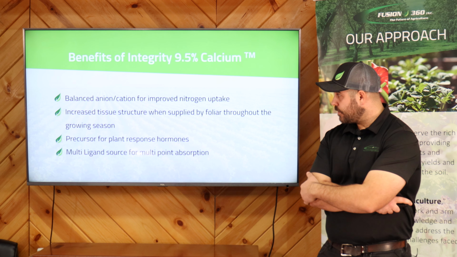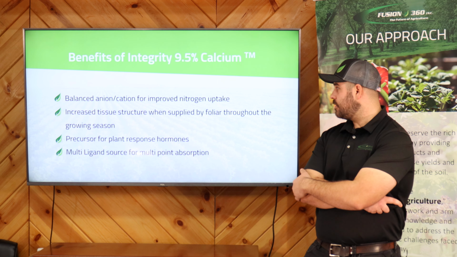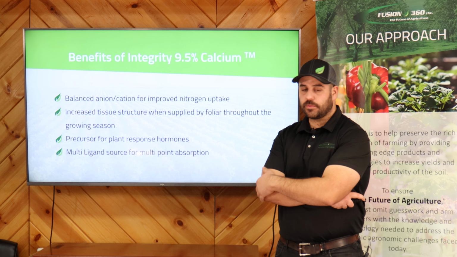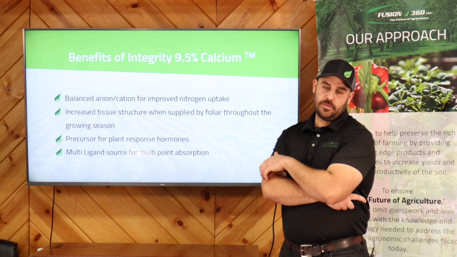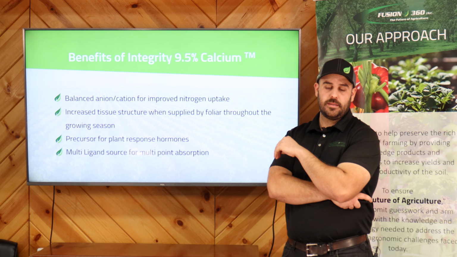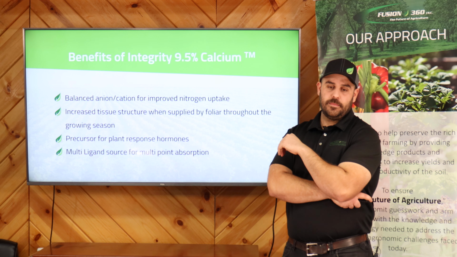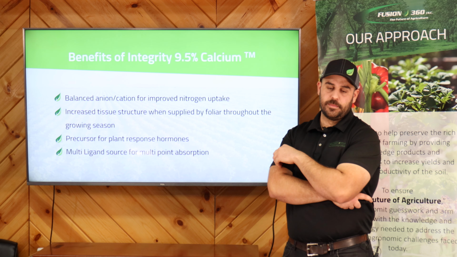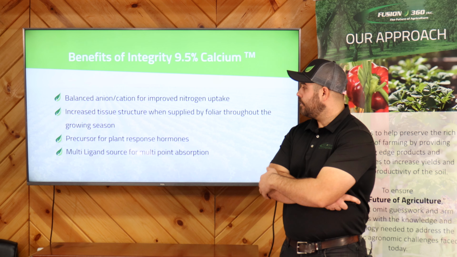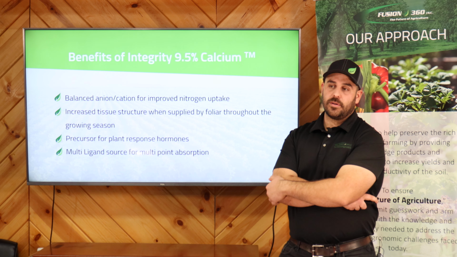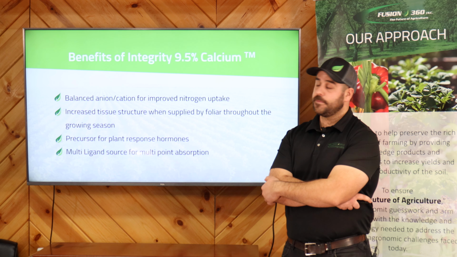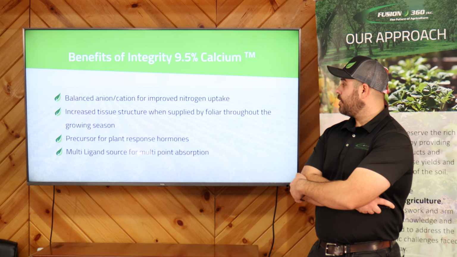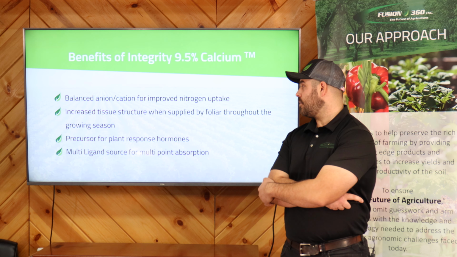Integrity Calcium also increases the tissue structure when supplied through foliar throughout the growing season. So applying it constantly and getting better uptake through the foliar is going to be a big help, not just for preventing diseases, but also for preventing abiotic stresses. It's also a precursor for plant response hormones.